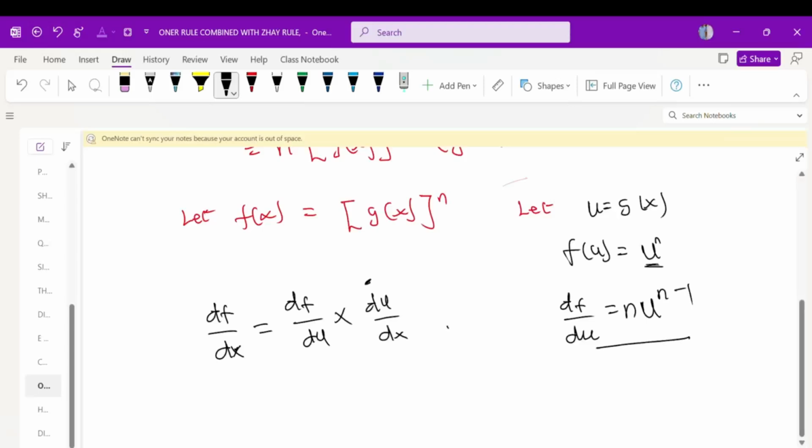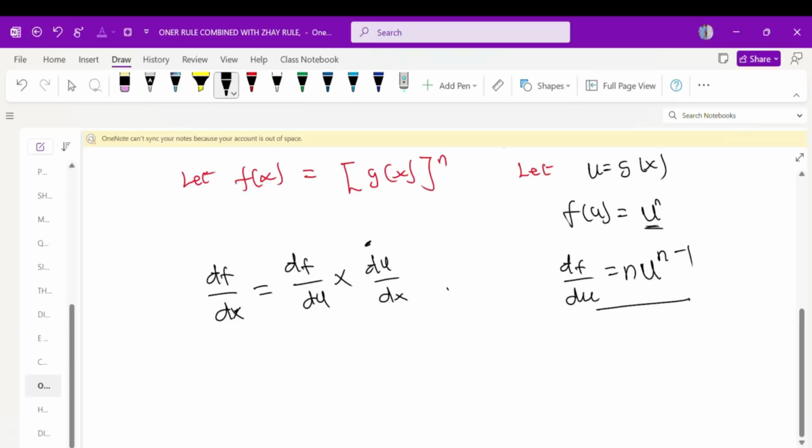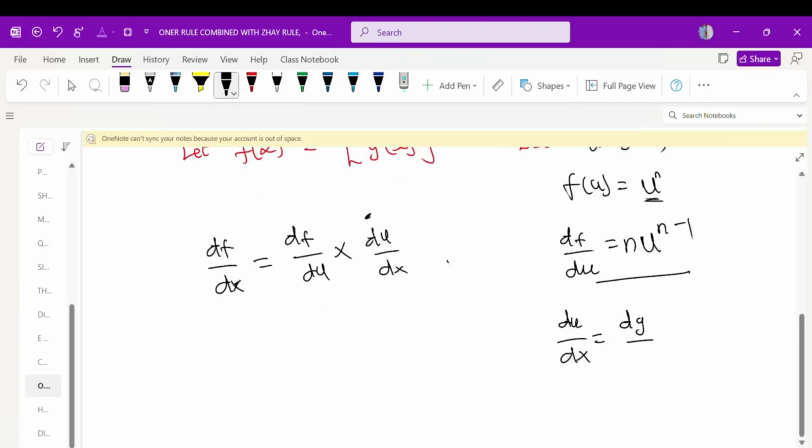Now you have to find du dx. So from u is equal to g of x, u is a function of x, so we're going to get du dx to be equal to dg dx. Okay. Which implies that our du dx is equal to g prime of x. You're going to have our df dx to be, we had the df du to be n u exponent n minus 1, which is the power rule.